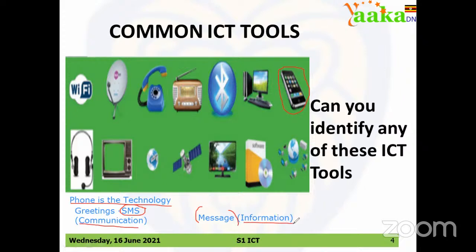For example, let's say UNEB has released exams and you want to get your results. You are going to use a phone, that is technology. You are going to use either MTN or Airtel to send an SMS. So the SMS is the communication. And then the codes you enter, let's say your index number, that is information at that time.